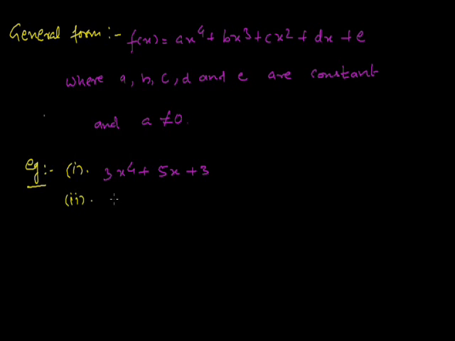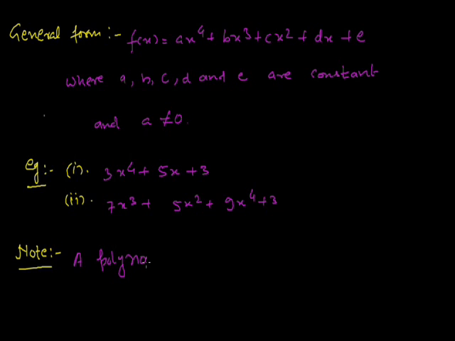Example 2, 7x cube plus 5x square plus 9x to the power 4 plus 3. In the given polynomial we see that the highest degree of x is 4. So this is a biquadratic polynomial.